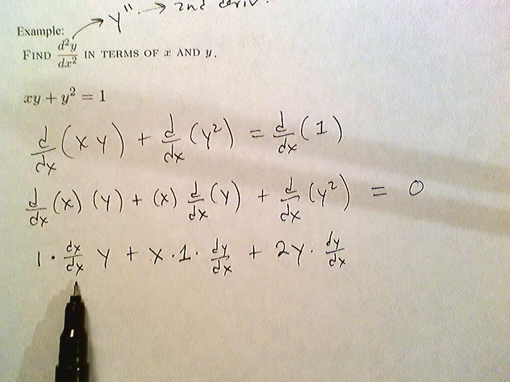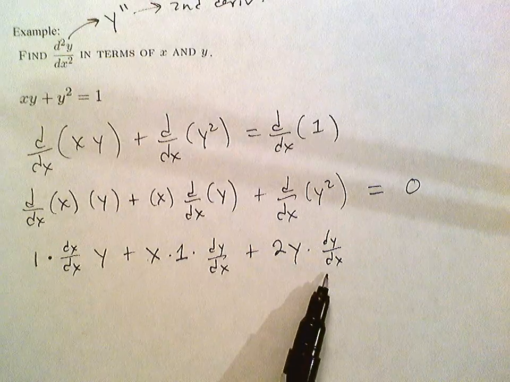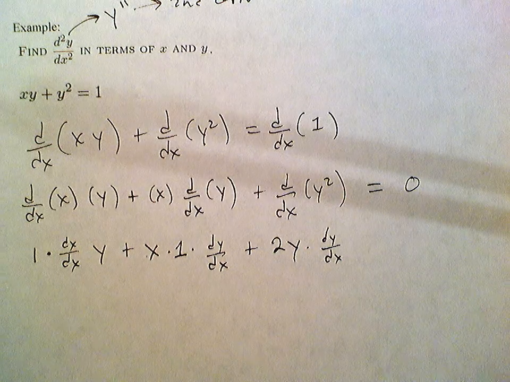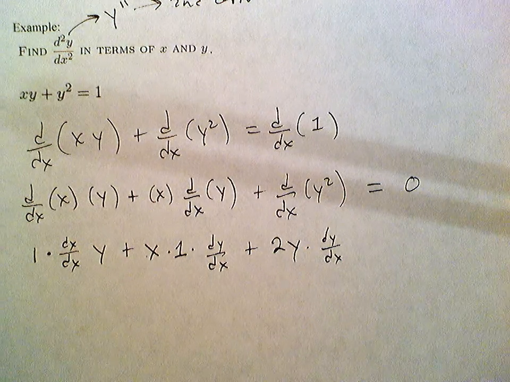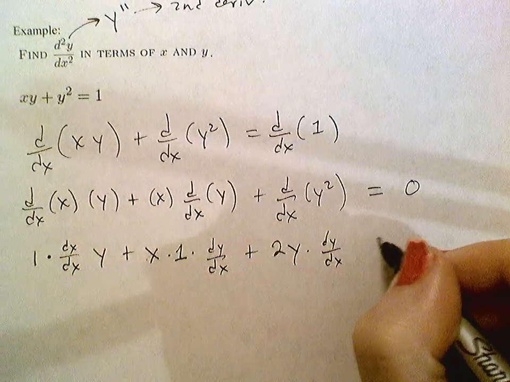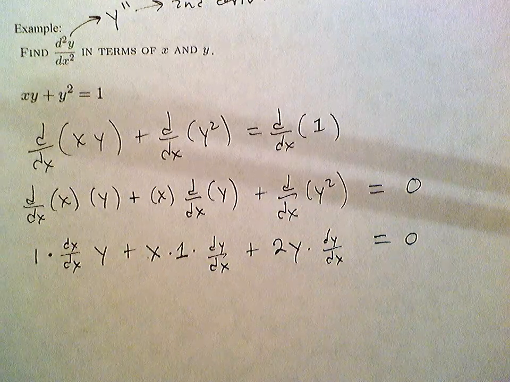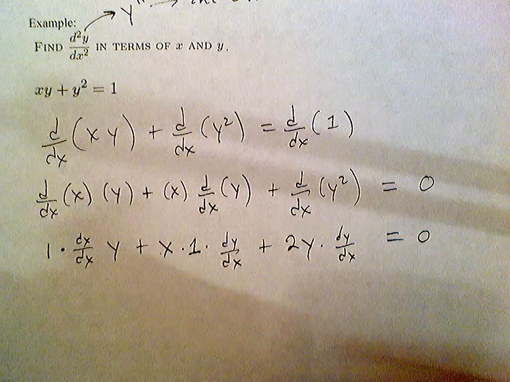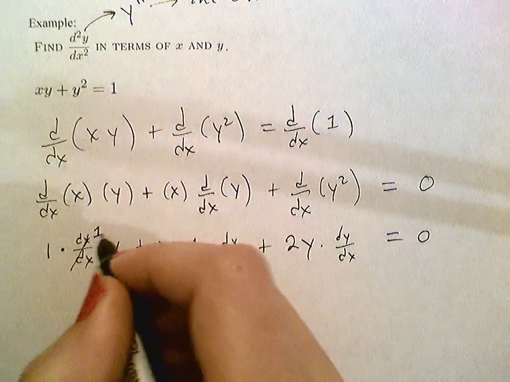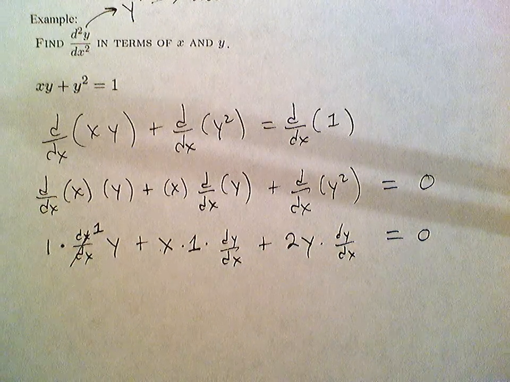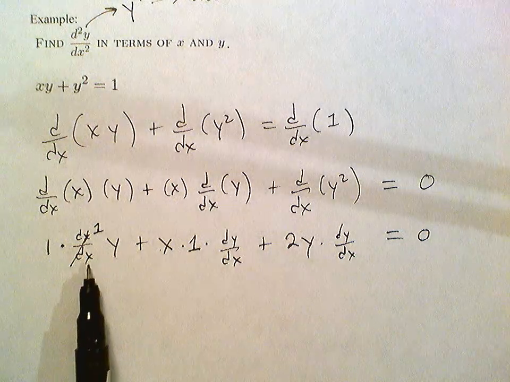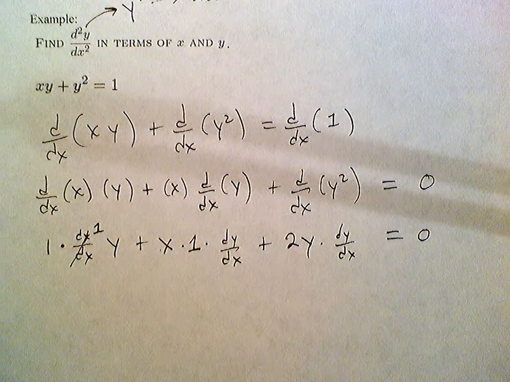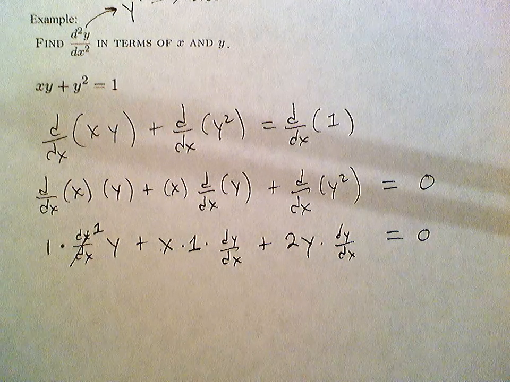Every time you have d something dx, that's the derivative of the inside function. And when you're doing implicit differentiation, you think of the inside function as the variable, the innermost function, equals 0. Then, wherever you see a dx, that's just a 1. So I'm going to change dx to 1 because the derivative of x with respect to x is just 1.